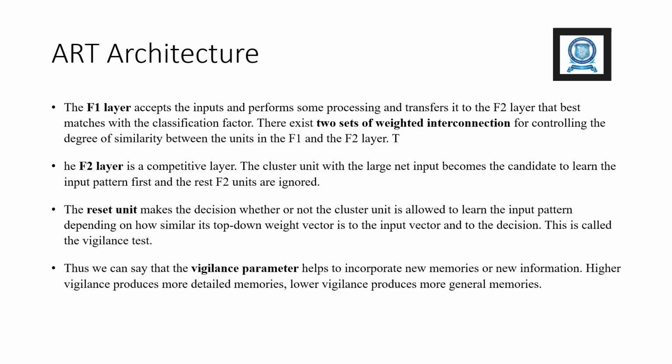The cluster unit with the largest net input becomes the candidate to learn the input pattern first, and the rest of the F2 units are ignored. The reset unit makes the decision whether or not the cluster unit is allowed to learn the input pattern, depending on how similar its top-down weight vector is to the input vector. This decision is called the vigilance test.